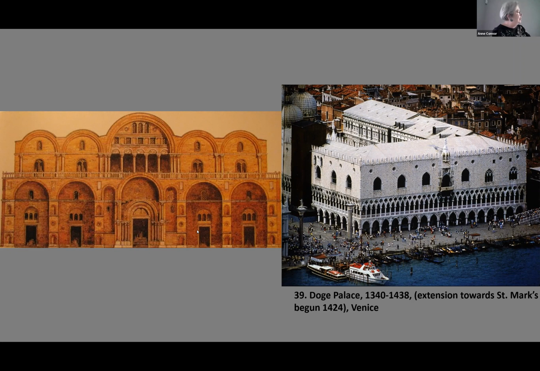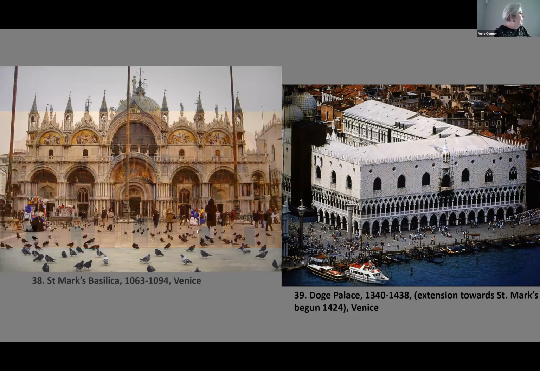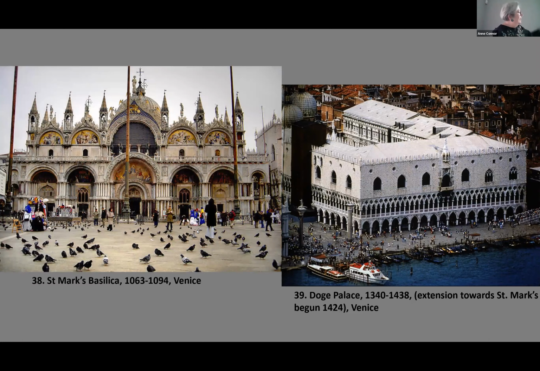This is actually very much influenced by a church that existed in Constantinople, the Holy Apostles, which has been destroyed since. But St. Mark at first was really patterned after that church, and then was transformed into what we now know with mosaics and finials of all kinds.